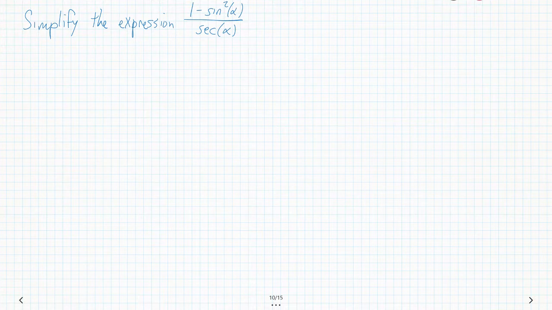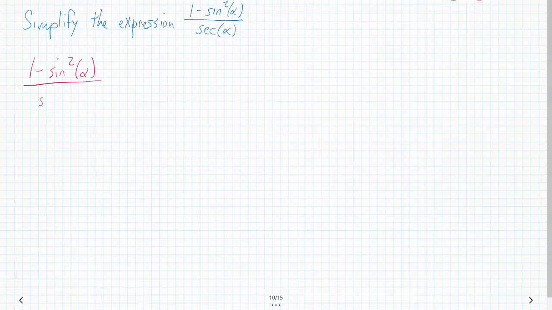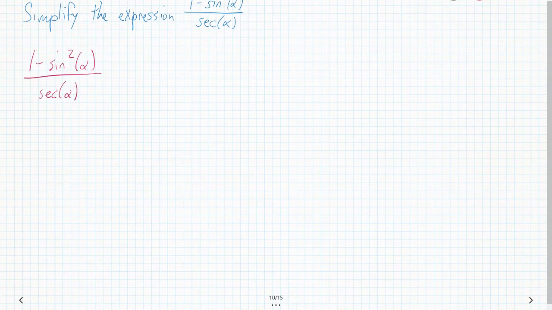So on this one, we'll kind of use that same idea. If we have 1 minus sine squared alpha all over secant of alpha, the big one that I would recommend knowing, and we just mentioned it, is the fact that cosine squared theta plus sine squared theta, and I know these are alphas, we can deal with that in a second, equals 1.